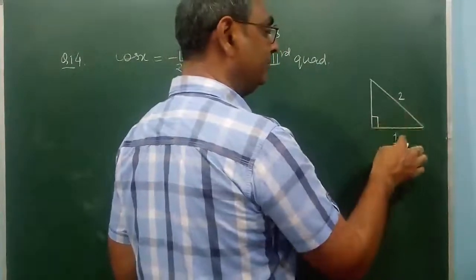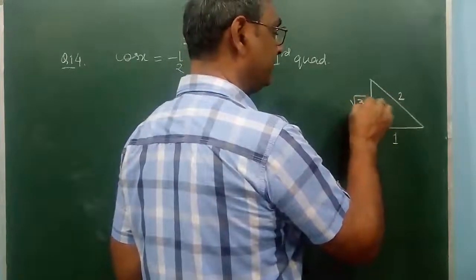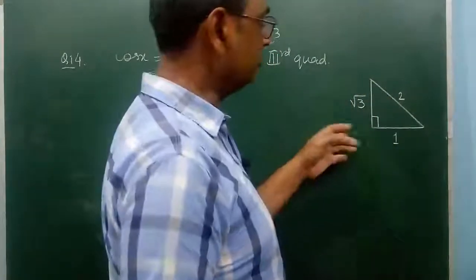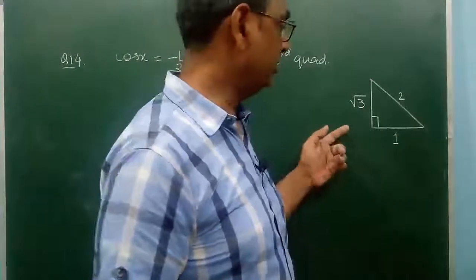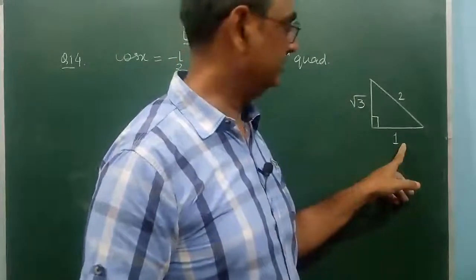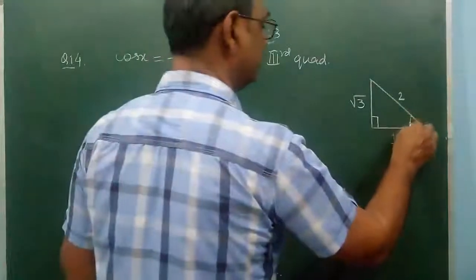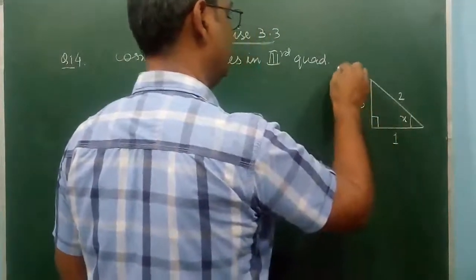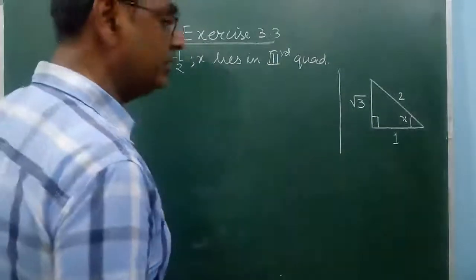So what it will be? This is root 3. If you just solve it by Pythagoras theorem, then it will be coming root 3, because this square plus this square equal to this square. So here this angle is x. Now with the help of this triangle, we can find all the other values.